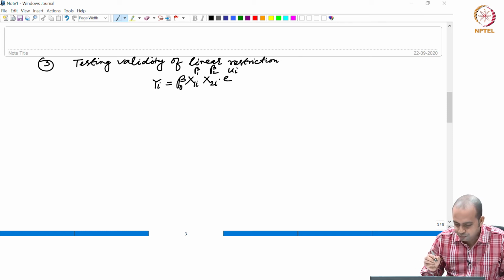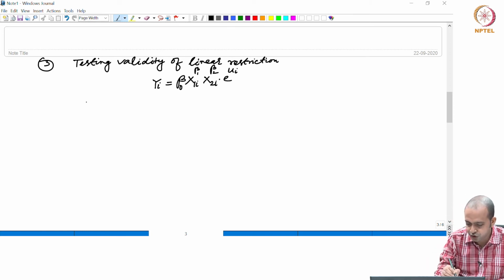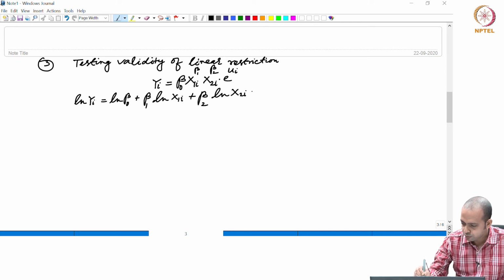Okay. And after linearization, if you take log of both sides, log yi equals log of beta 0 plus beta 1 log x1 plus beta 2 log x2 plus ui.